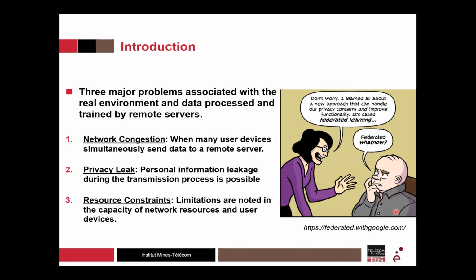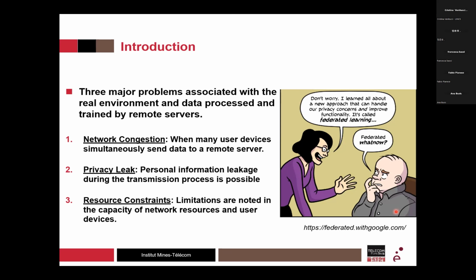And the last is resource constraints, that is, limitations in the capacity of network resources and user devices. Therefore, as you can see in these figures, federated learning is introduced.